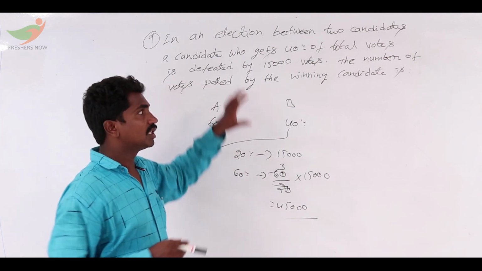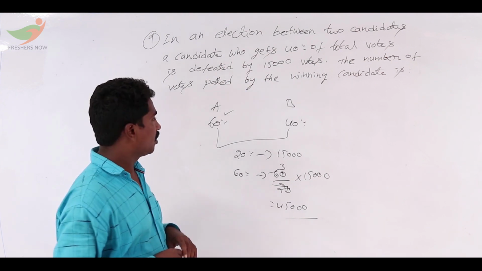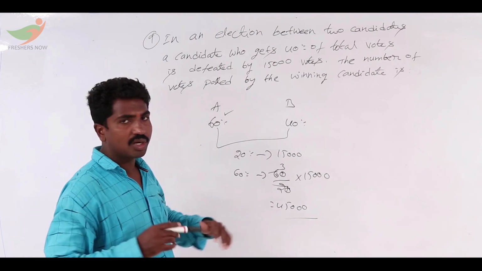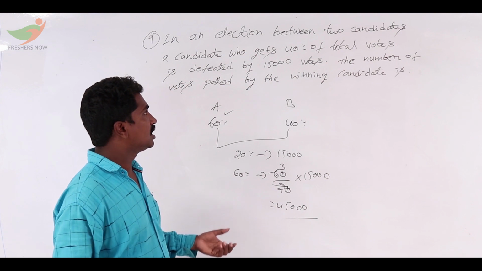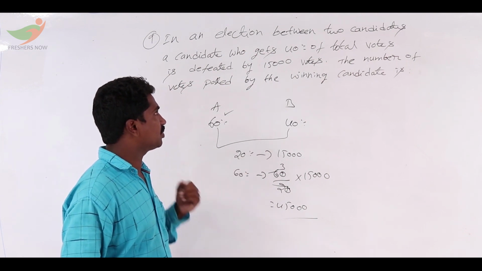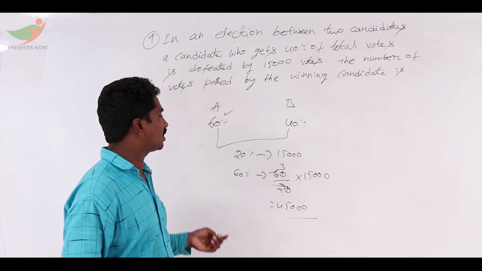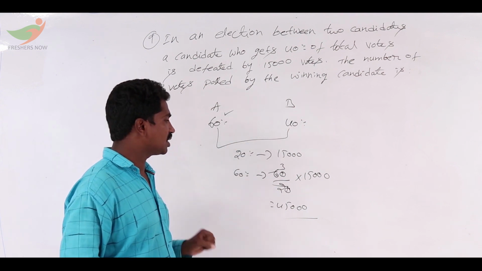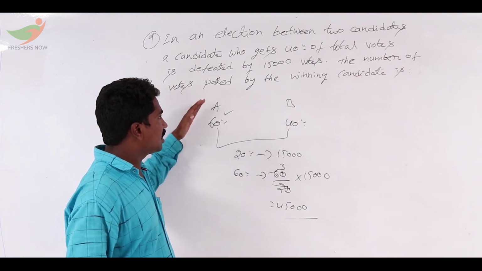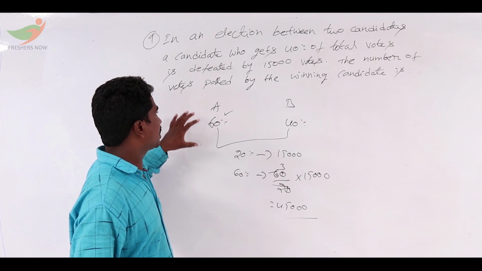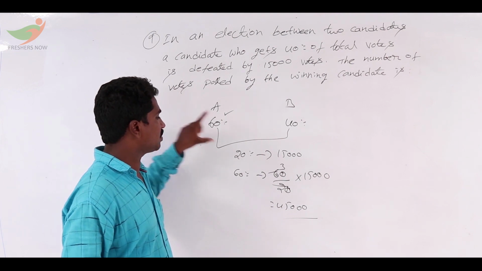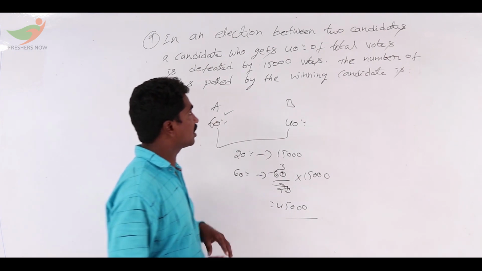I repeat, there are two candidates. One got 40%, so automatically another got 60%. The difference in the percentage value 20% and the difference in the votes 15,000. So 20% is 15,000, he is asking the winning candidate votes. So 60% how much? 45,000.